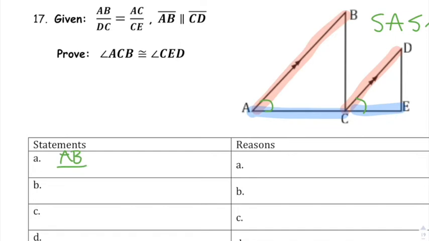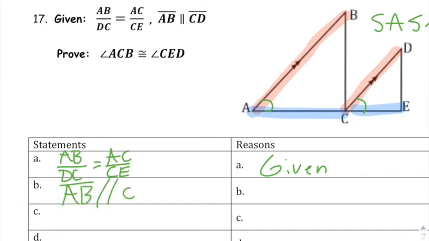Write it down. AB to DC, AC to CE, given. We also have the other given part. So I think they want us to use two lines here, AB similar to CD. It's also given. We automatically knew that angle A is congruent to angle DCE.